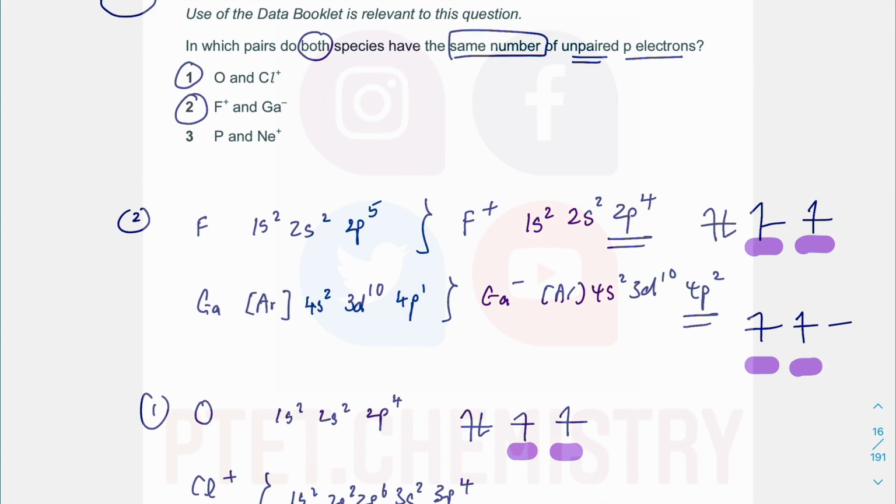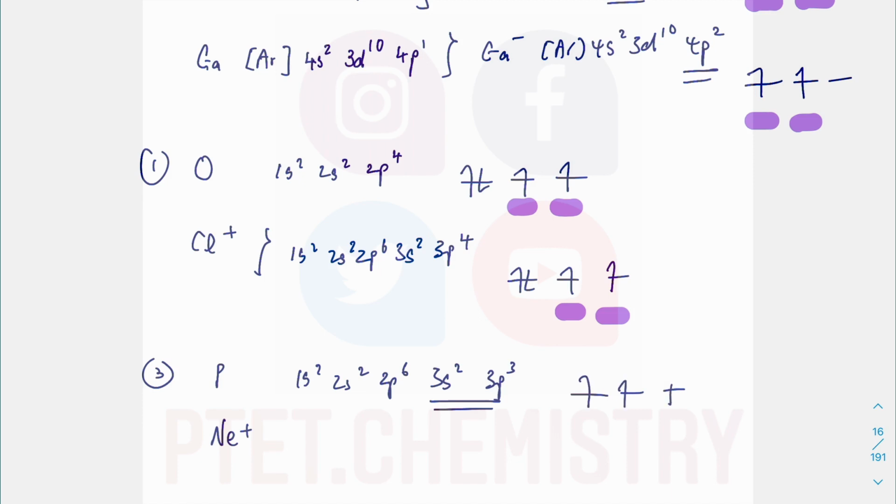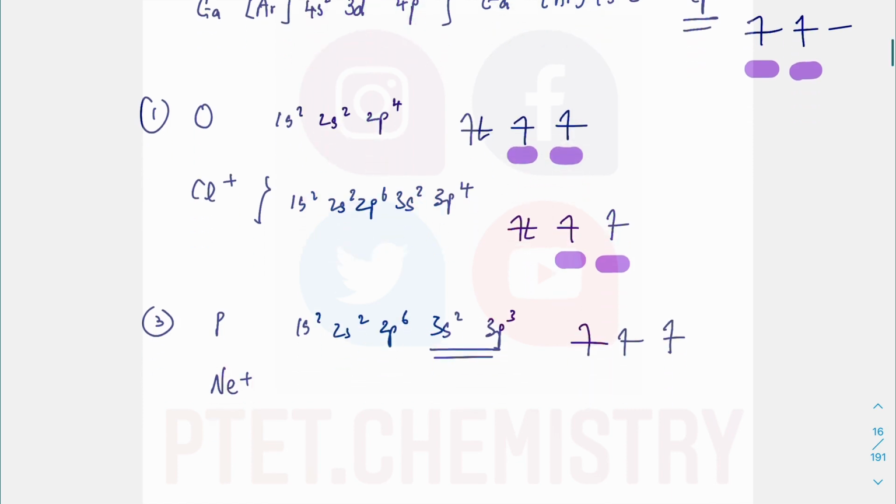How about phosphorus and Ne plus? So phosphorus is going to have 1s2, 2s2, 2p6, 3s2 and 3p3, group 15. It's got p1, p2, p3. So it's got 3 unpaired electrons, 1, 2 and 3 in the p orbital.